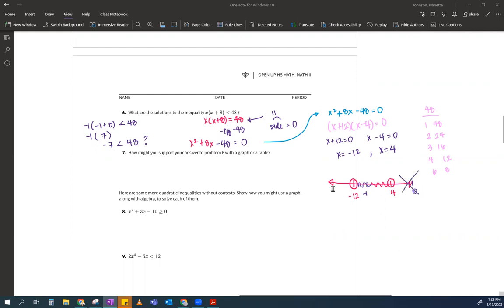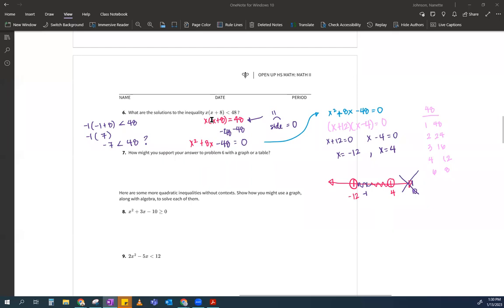I'm also going to try some negative number. I'm going to go with -100. You guys are like, Ms. Johnson, why -100? This number line is not drawn to scale. So don't judge me. Or judge me. That's fine. Okay. So I want you to plug in -100. Would that work?